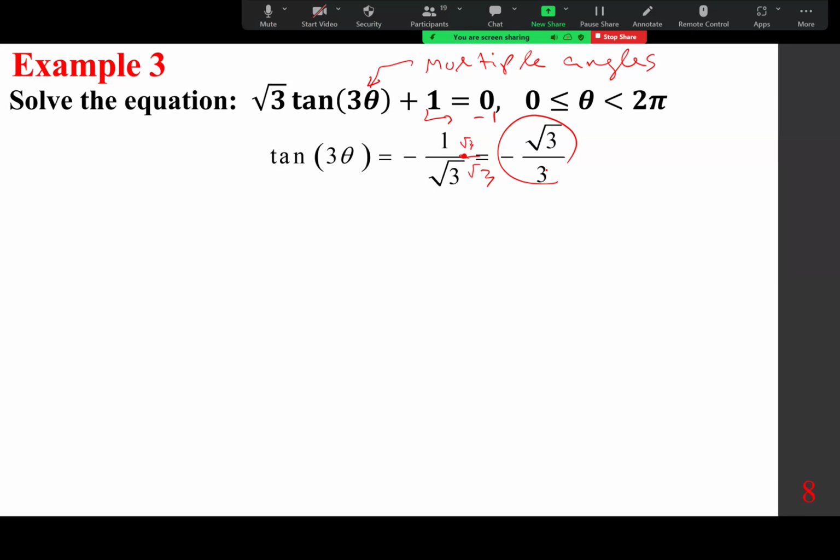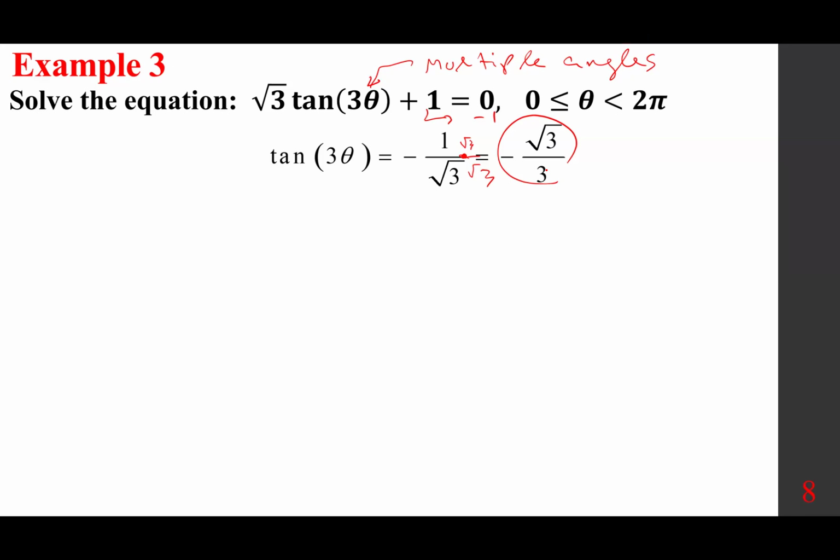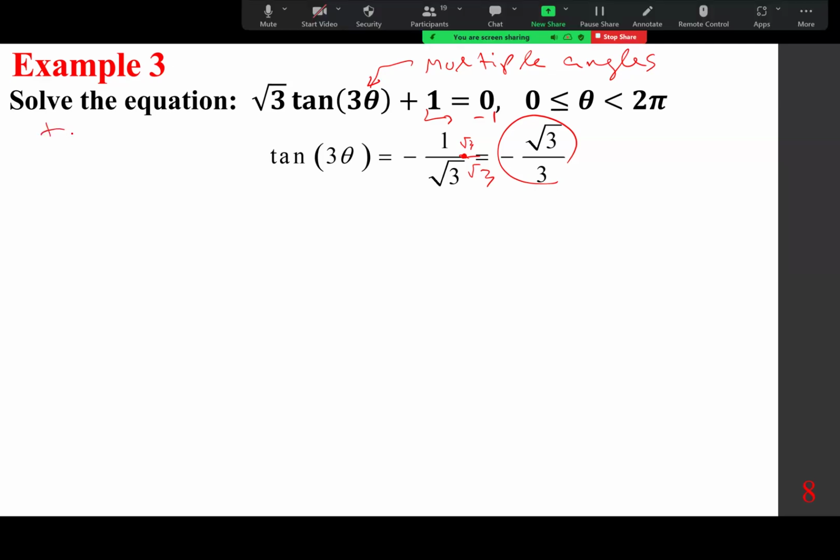First, I want to discuss the square root of 3 over 3 positive, and we see how we go to negative. You should know tangent is positive in the first and third quadrant, negative in the second and fourth quadrant. You should also know that the period for tangent is pi. So if we had tan x equals positive square root of 3 over 3, the angle that gives you the answer is pi over 6.